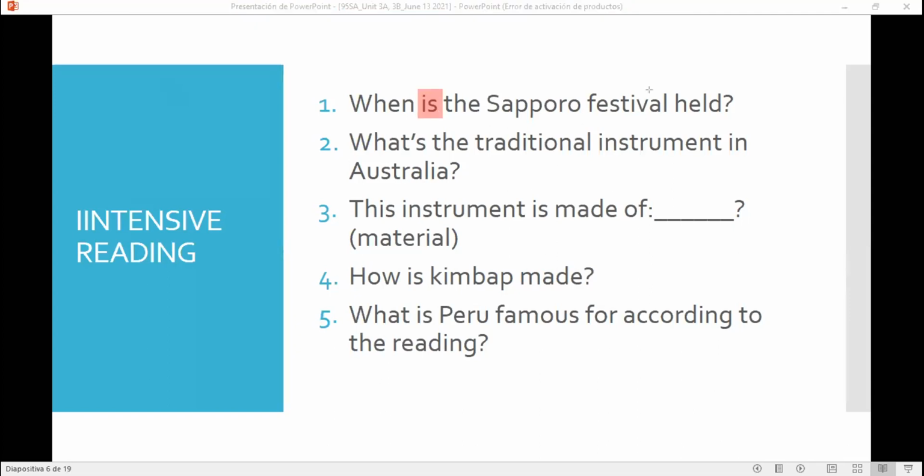Look at this. Here we have a structure that we learned last semester. Tenemos una estructura gramatical que nosotros ya vimos el semestre pasado. Is made, is held, is eaten.